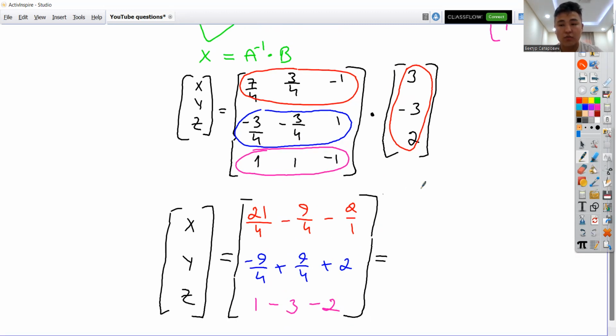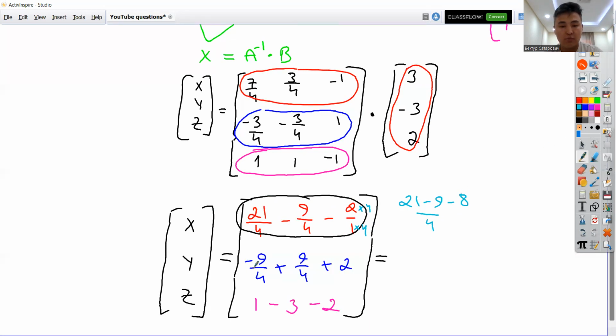Next, we have to solve each of them. Since I don't have a common denominator, I can create it by multiplying by 4 on this side, and the rest by 1. So the denominator will be 4, and 21 minus 9 minus 8.